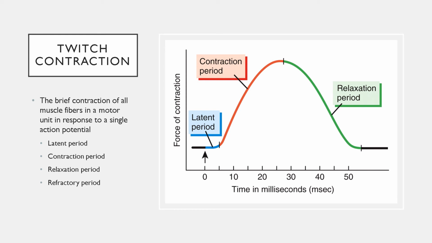So let's talk about twitch contractions. A twitch contraction is the brief contraction of all muscle fibers in a motor unit, and this is in response to a single action potential in its motor neuron. This little diagram on the right is a record of a muscle contraction, and we call this figure a myogram.